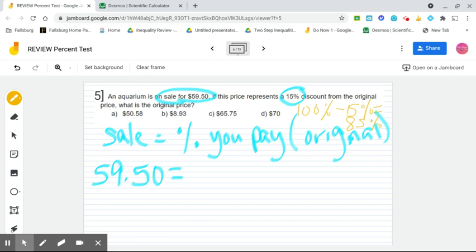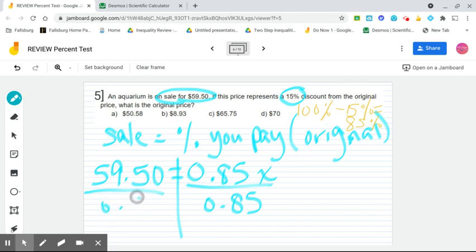So when we plug in this 85% into our equation, we want to change that to a decimal. It becomes 0.85, and then we're multiplying by the original price, which is what we don't know. So that's where my x goes. Now, in order to solve this equation, I want to get x by itself. I'm going to divide both sides by 0.85.